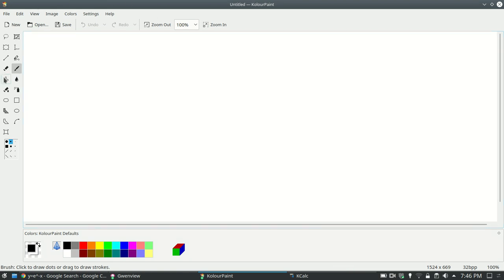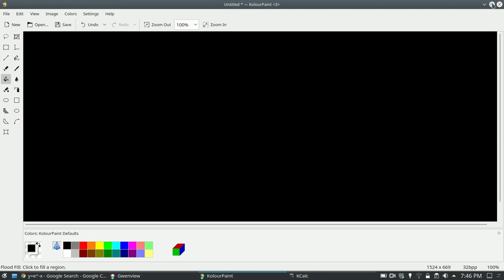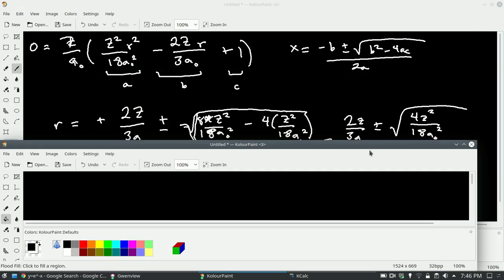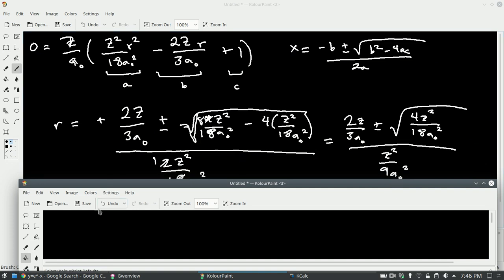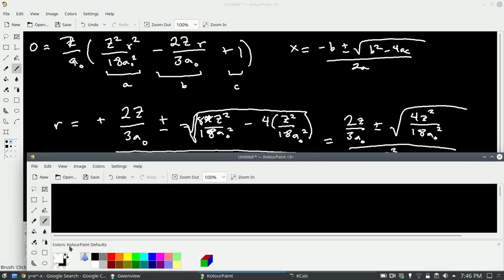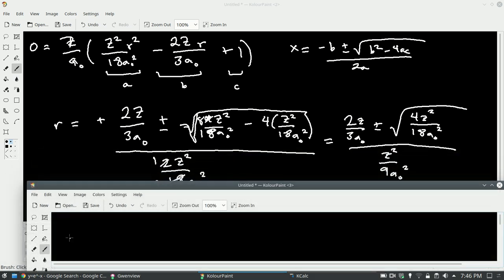So I like to try to use a blackboard here, and I'm going to get rid of the radical. That's what I'm doing here. So r is equal to 2z over 3a naught plus or minus.